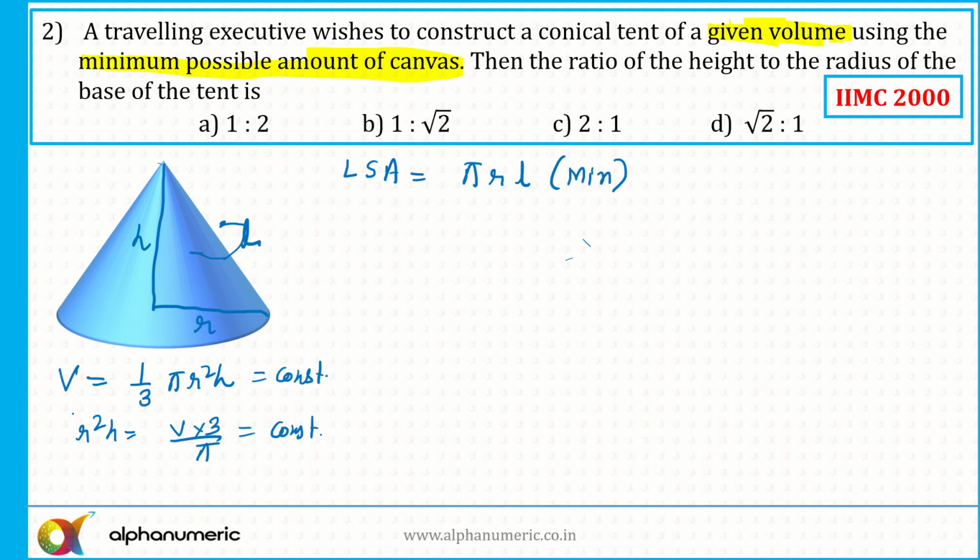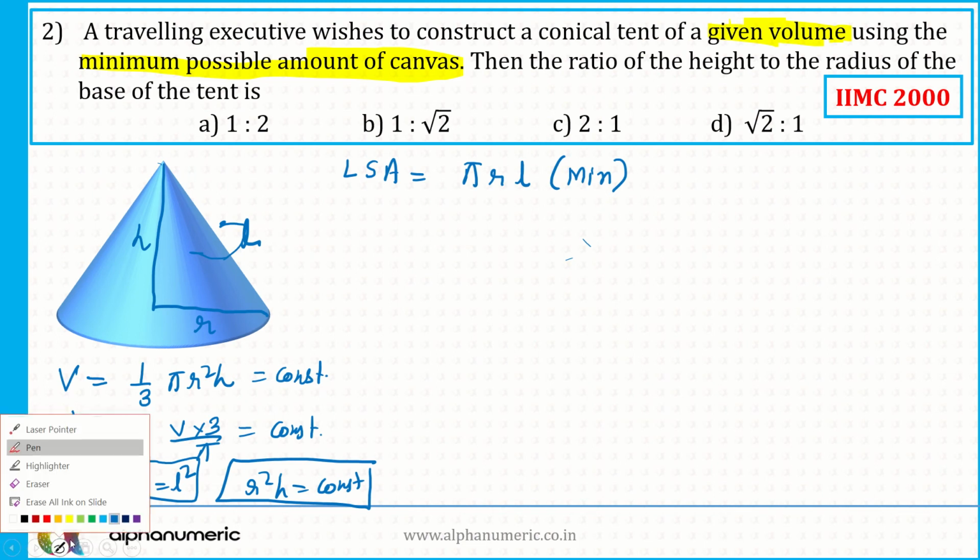So basically r square into h is constant. Also in the cone we know that r square plus h square is always equal to L square. These are the two things we are aware of: r square plus h square equal to L square, and r square h equal to a constant. Now let's see it here, all of you.